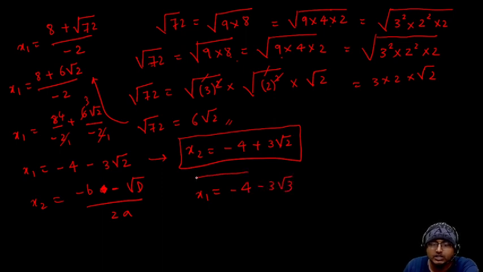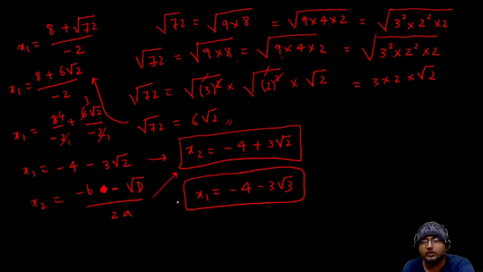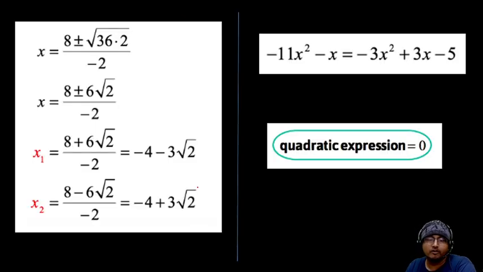So these are the two roots of that equation. Let us see whether what we have got is correct. Yes, minus 4 minus 3 root 2 and minus 4 plus 3 root 2 are the two roots we got.